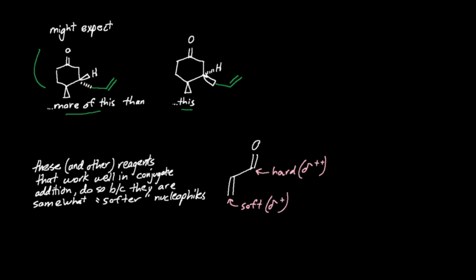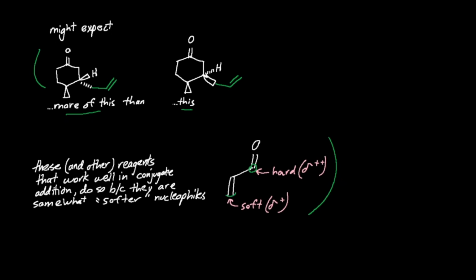Synthetic chemists often talk about these kind of things as hard or soft. Hard nucleophiles or soft nucleophiles. Part of the explanation for some of this behavior is that hard nucleophiles sort of go driving straight in for the main thing, the carbonyl carbon.